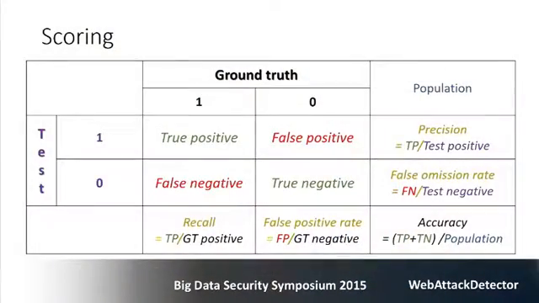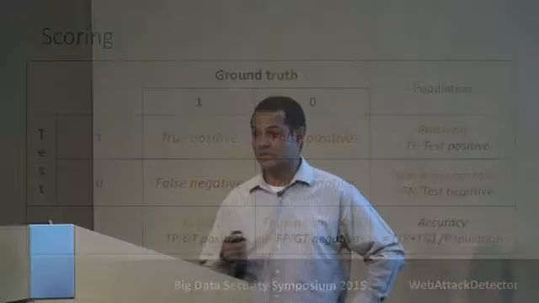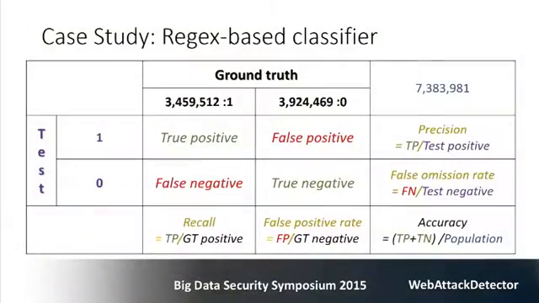And because attacks are something precious and I can differentiate them from the normal requests, I can then do the scoring, both for our detector and for the web attack detector being developed with regular expressions. Let's start with a sample here of 7 million requests.